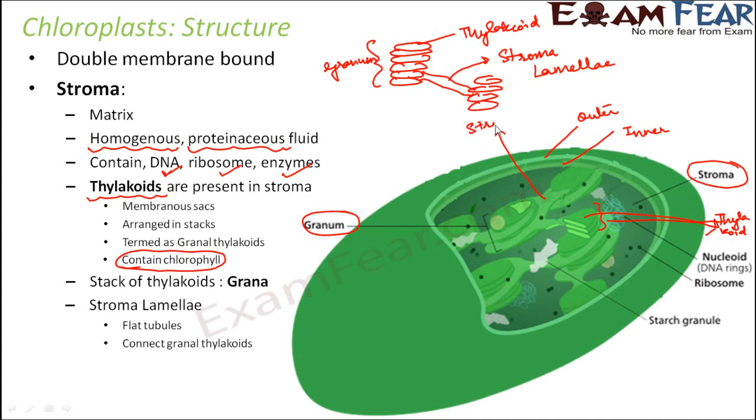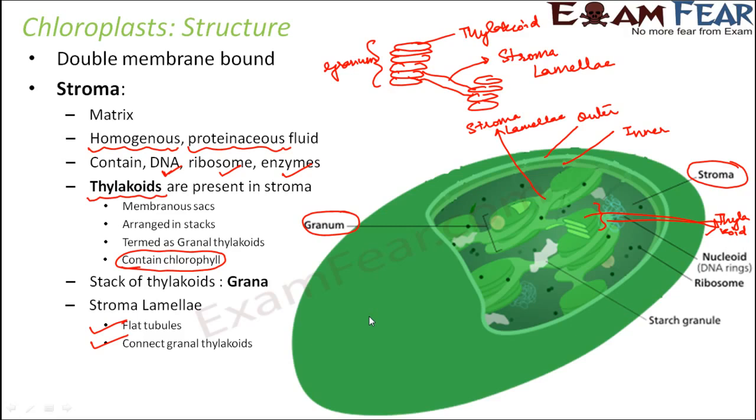So this structure is stroma lamellae. They are tube-like structures and they connect the granule thylakoids. Now there can be many grana, many piles like this present in the stroma. Almost 40 to 100 grana can occur in a chloroplast. So in one chloroplast, even 100 grana can occur.